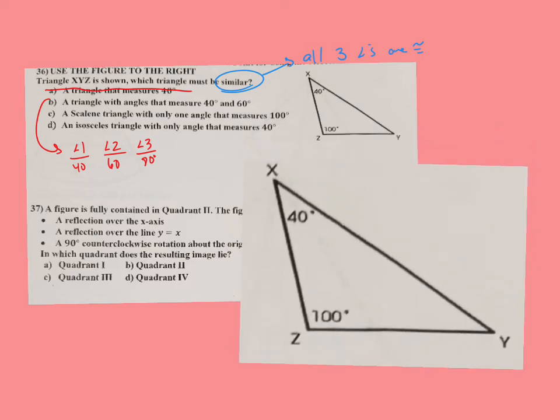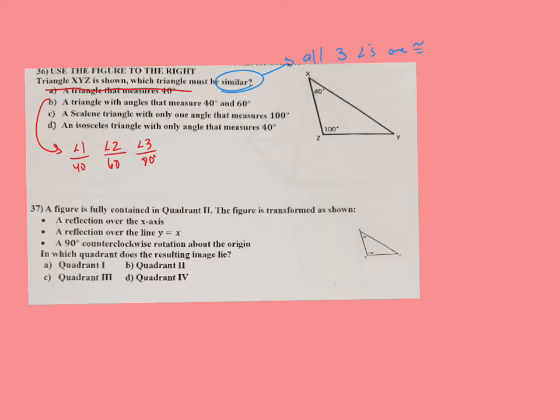These are similar triangles because this triangle right here has the same three angles, but now the sides are different lengths. Or I can even make it smaller. These are both similar to each other, right? So that's how that works. So there's no way B is going to work. All right, so we can cross off B.